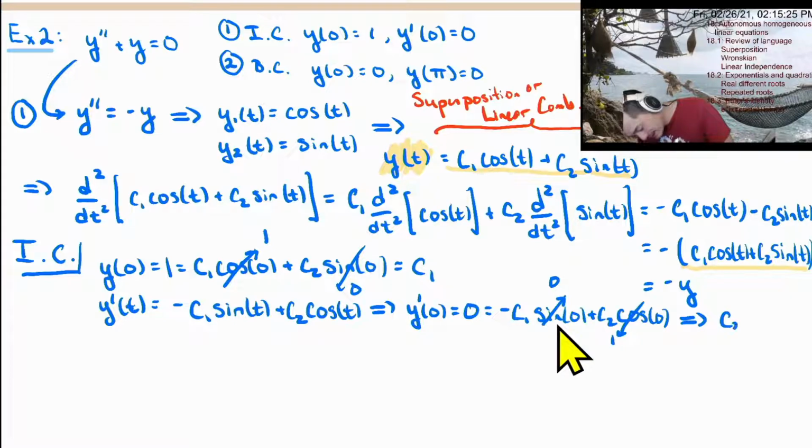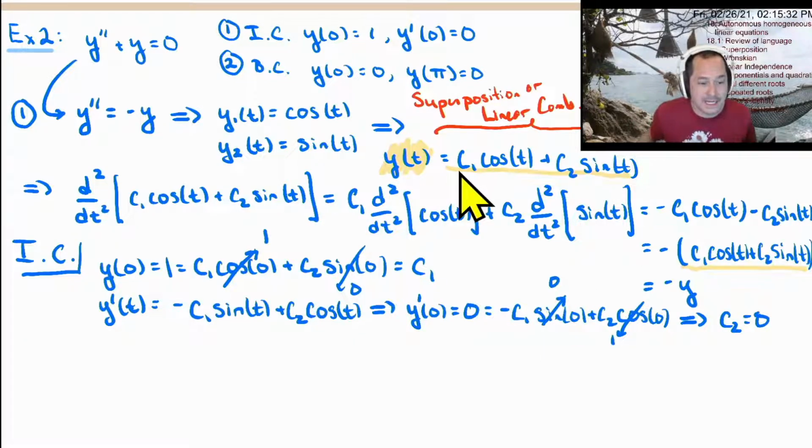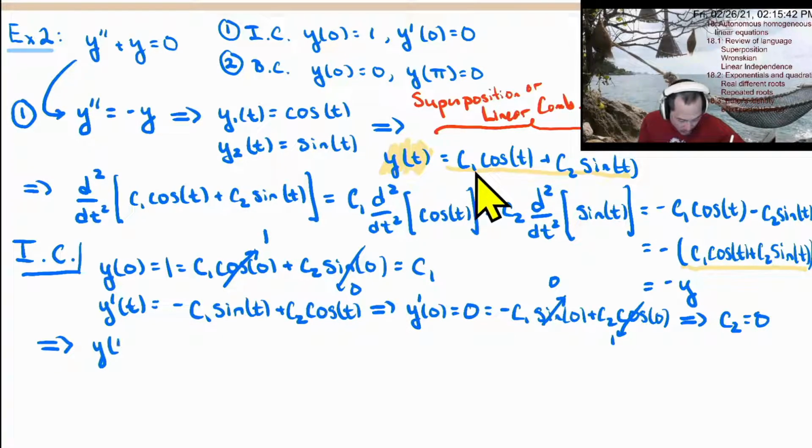I found out that C2 is equal to 0. Okay. And so if this linear combination is the two-parameter family of solutions, then after application of my initial condition, I have y of t is just equal to cosine of t.